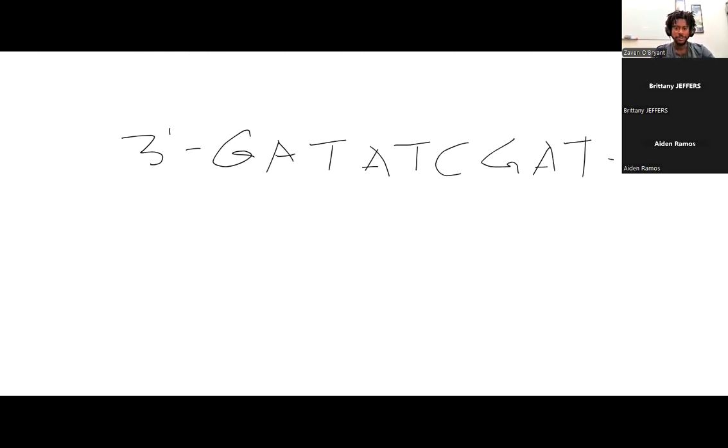So all strands, kind of like amino acids, they all have a 5' end and a 3' end, or a 3' end and a 5' end. It has to have that. But I told you all, in order to read this and in order to write this, it has to be 5' to 3'.